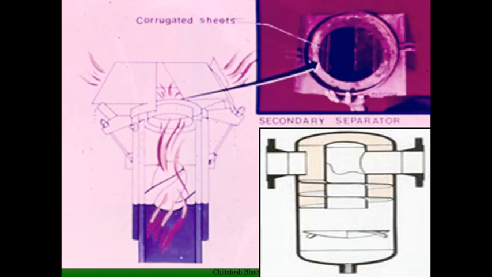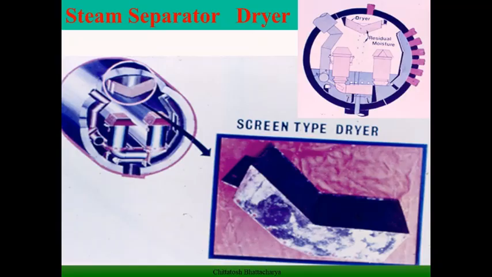Now these screen dryers, drying screens, are fitted with closely meshed, small tiny hole screens, and these screens are just like our asbestos sheets. They have minute micronized holes through which, when moist steam tries to pass out, the moisture is arrested and dry saturated steam comes out.